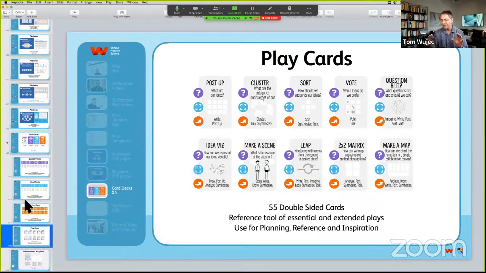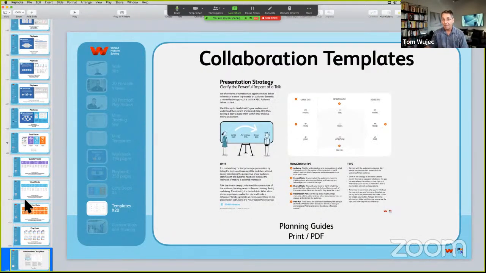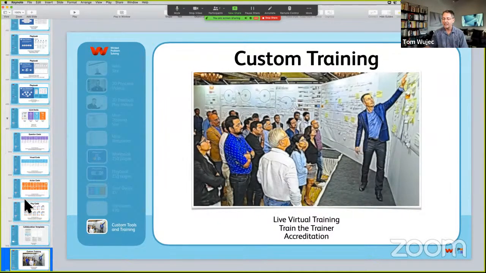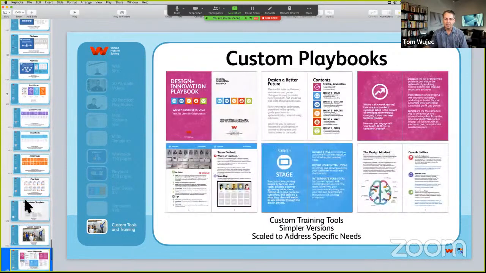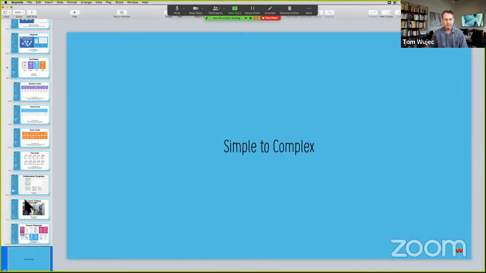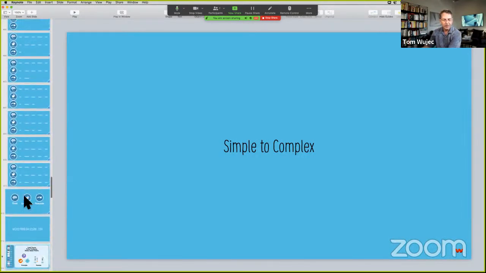We haven't used this language, but we were just running plays, and the plays consist of a question, a diagram, and an action. Once you organize work in that way, magic happens. It's incredible what can happen, and that can happen virtually, in person, and in hybrid models. So really excited about that.